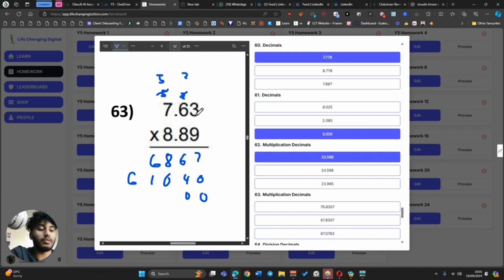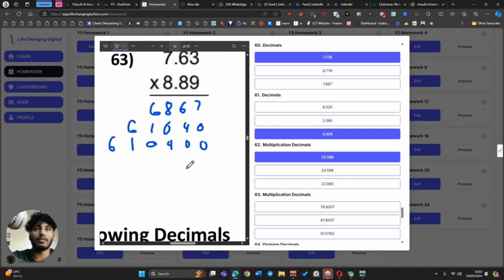So now we're going into 8 times 3, 24 again. 8 times 6. Again, same thing, 48. Add the 2 is 50. And then 8 times 7 is 56. Add the 5 is 61, sorry. And now we just add these together.